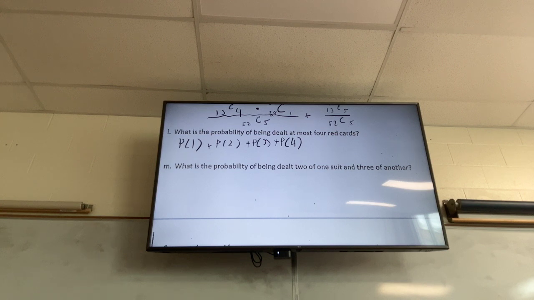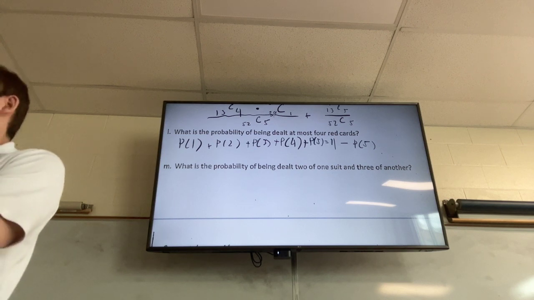I'm going to do 1 minus the probability of getting 5 red cards. I'm going to do 1 minus the opposite probability. Does that make sense? P1 plus P2 plus P3 plus P4 plus P5 all have to add up to 1, right?